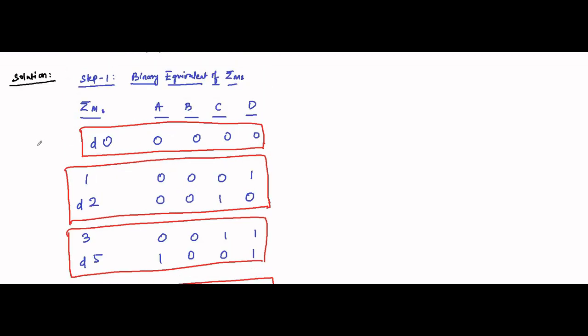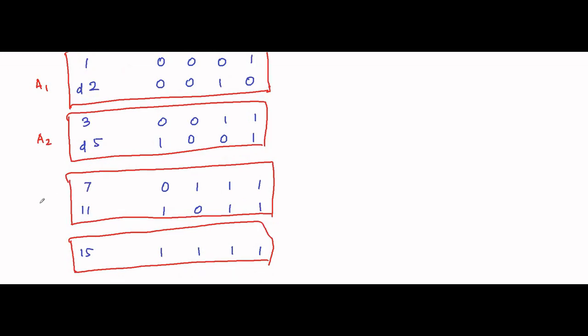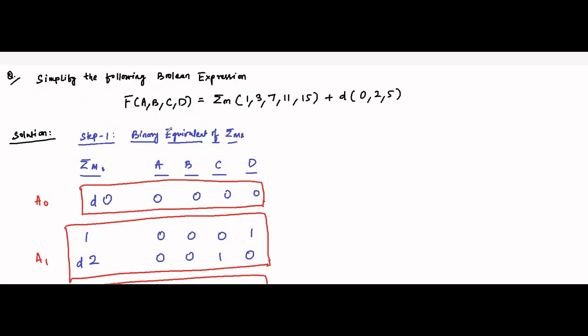Let's call them A0, A1, A2, A3 and A4. These are the groups. So here we have determined the binary equivalents and also the grouping of the minterms.